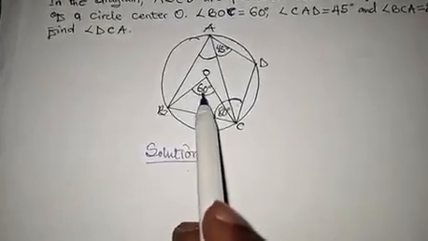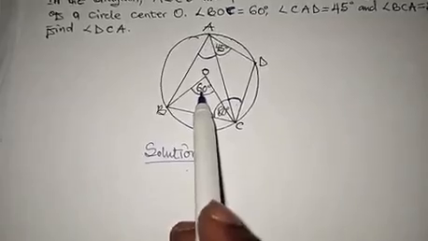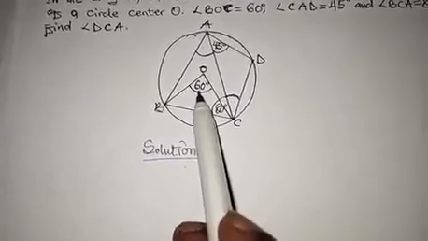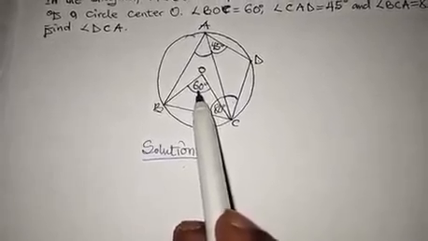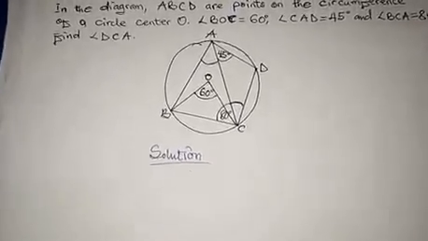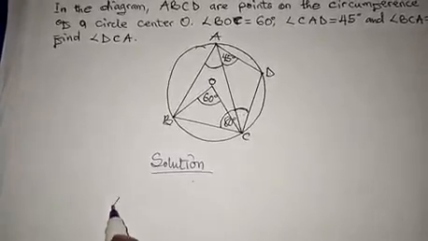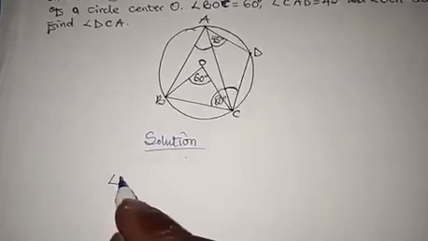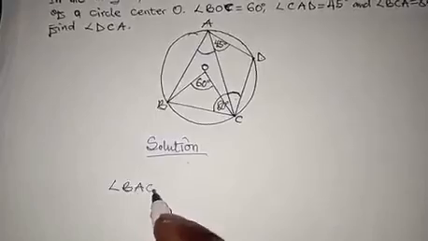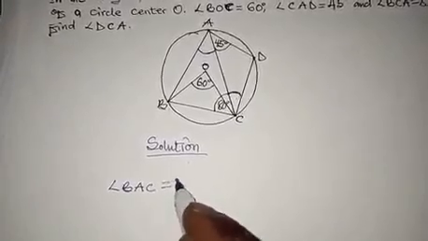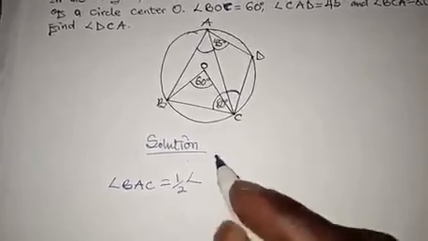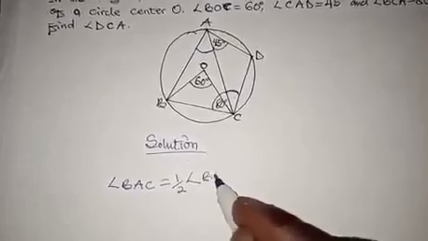But since this time we have been given 60, to find the angle here we only divide the 60 by 2. So to find angle BAC, we have to find half of angle BOC.